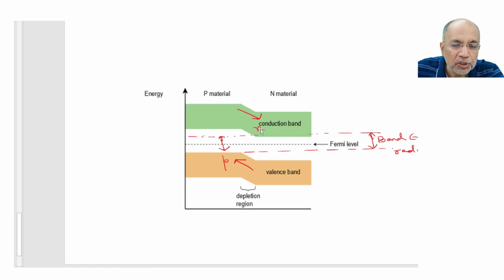So due to the slipping of electron from the n side to the p side, the level of conduction band is lowered. And because now the electrons have come to the p side, the valence band has gained energy. So the valence band has gained energy, that is the p type, and the n type, the conduction band has decreased its energy, so that the band gap has been reduced.